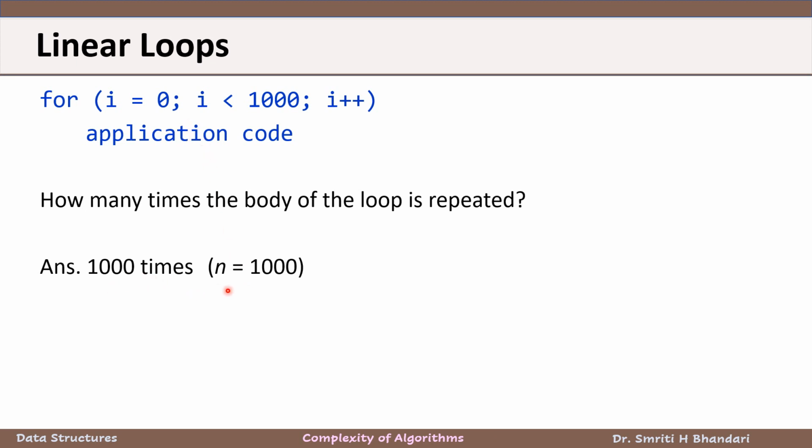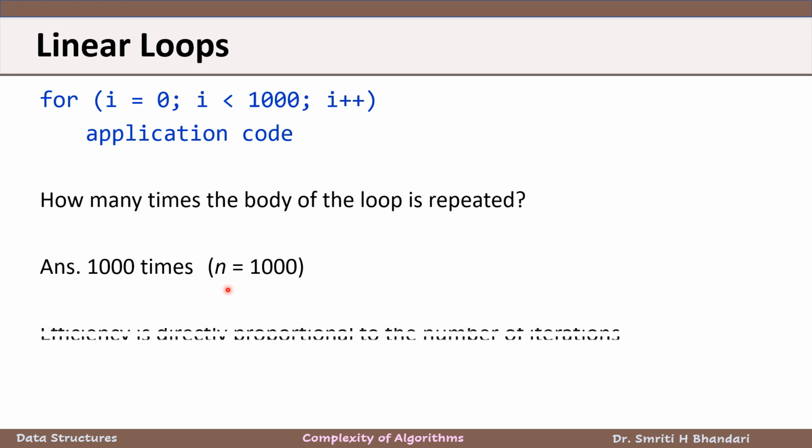Obviously the efficiency is directly proportional to the number of iterations. This is how we say that the complexity of this algorithm is given as f of n equal to order of n, right? So this is meant for linear loops like this.